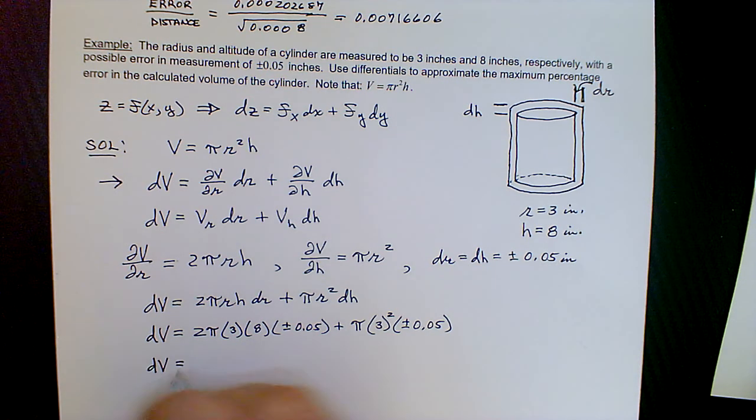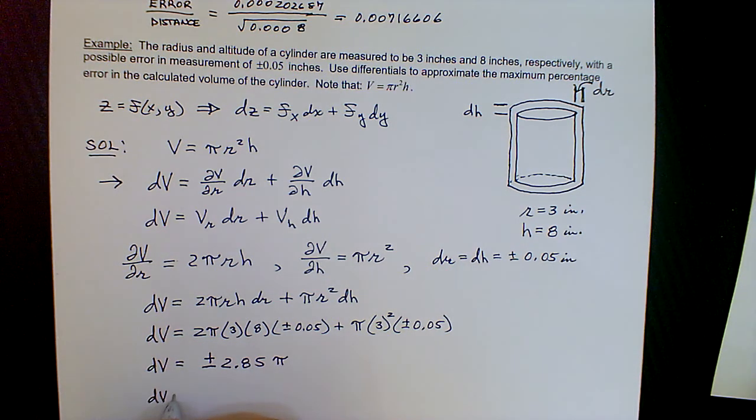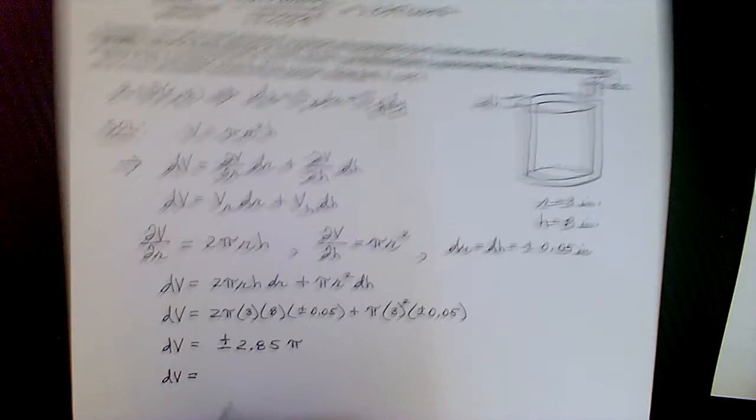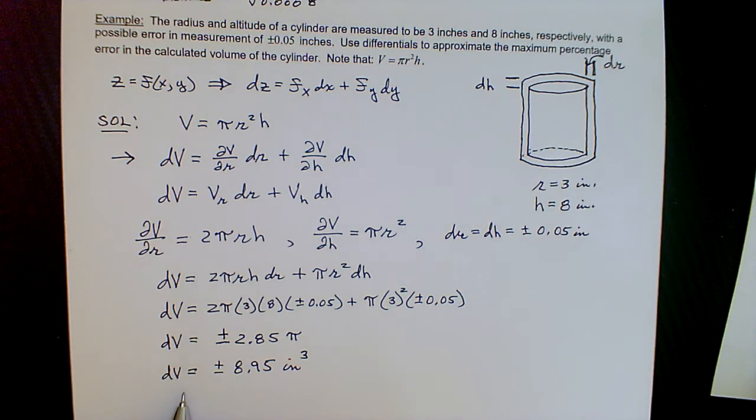So if you crunch this down, I came up with plus or minus 2.85 times pi, which is plus or minus 8.95, and that would be inches cubed because it's a volume.